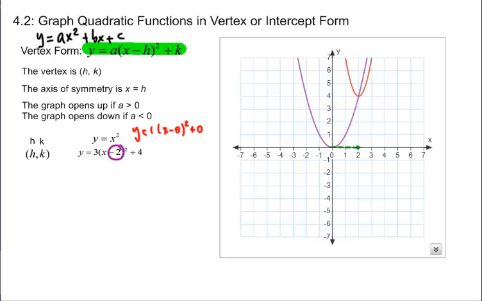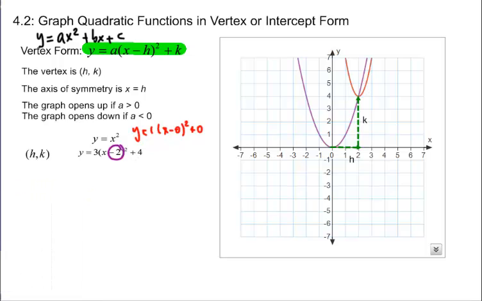There's h. And then k would be this distance from here to here. And so here's k. We've got h equal to 2, and k equal to 4.